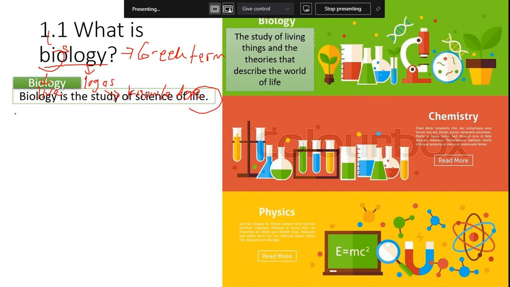In junior high school, you know about science, right? Science or IPA, ilmu pengetahuan alam. But in senior high school, you will learn these subjects more specifically. Actually, there are 3 parts of science or IPA.